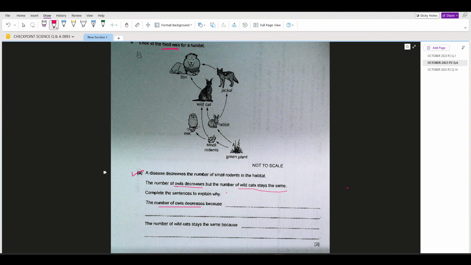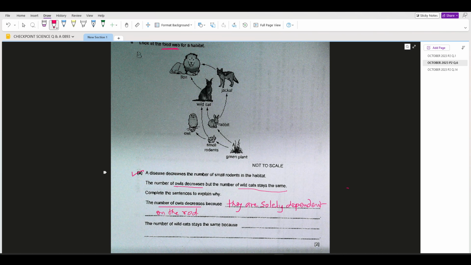So the answer should be: the number of owls decreases because they are solely dependent on the rodents.